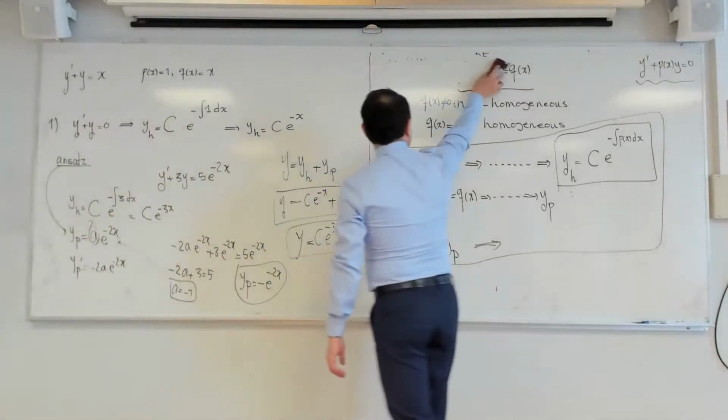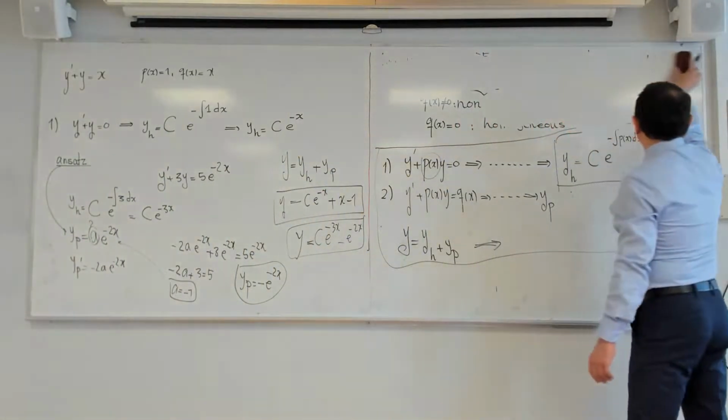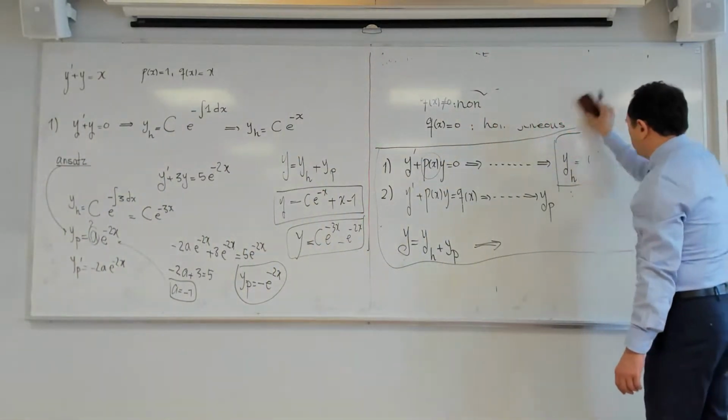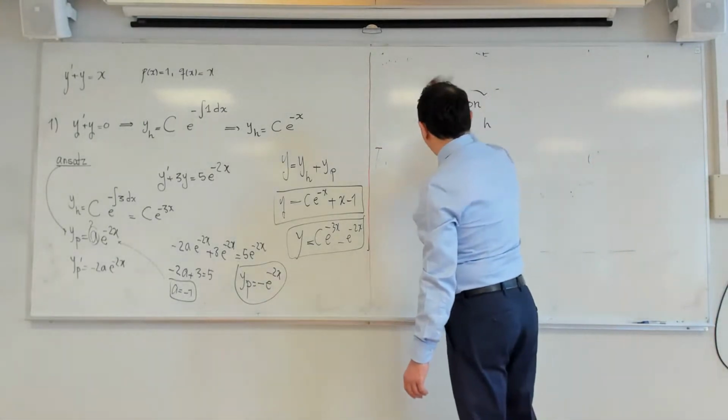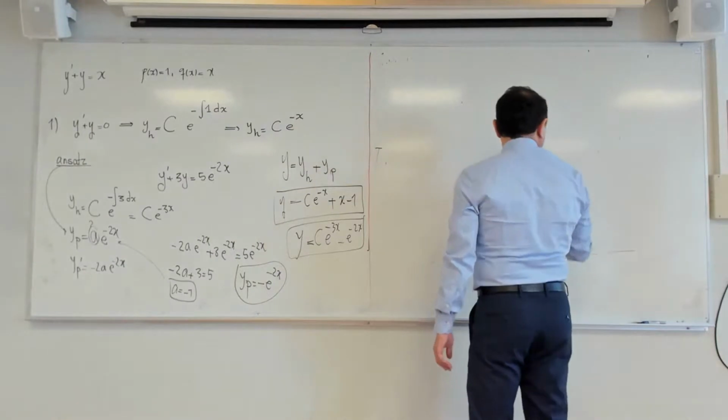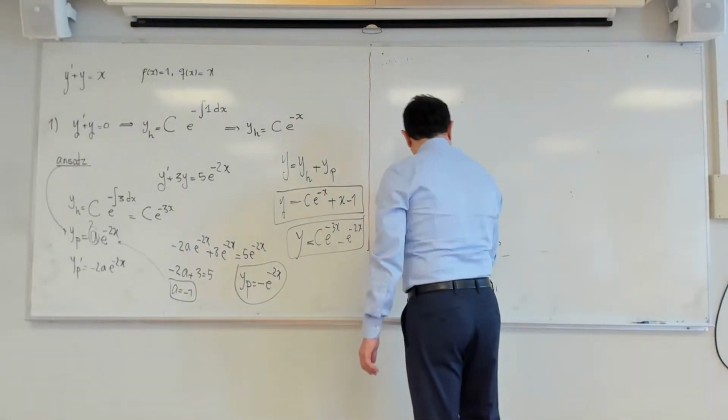So if I ask you to solve this, I just want you to understand what happens if you wanted to solve this problem. For example, let me give you this.